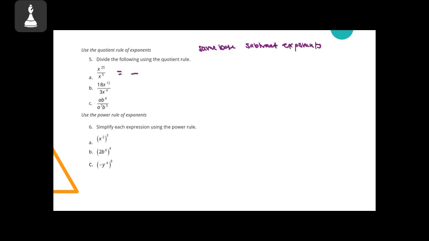Well, there's more on top. How many more are on top? 20. So that's how I do it. I say, where are there more? And then how many more? So where tells you if it's going to go on top or bottom. And then how many is going to give you your exponents.